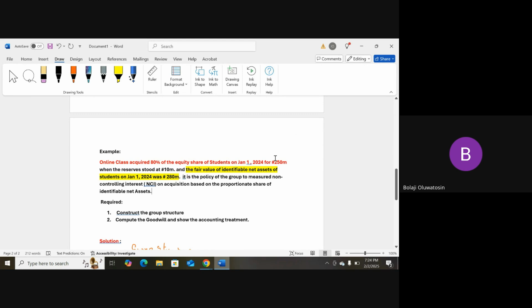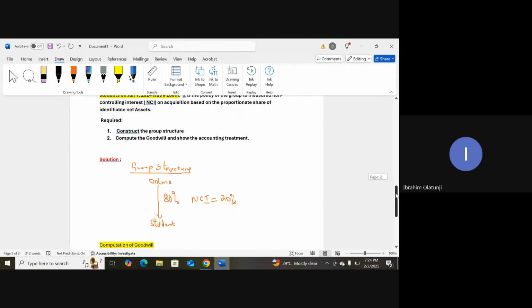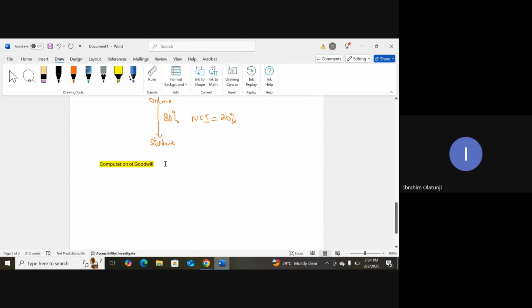That's the cost of investment. Because when Online acquired 80% of Students, Online paid 250 million to Students for the acquisition. Then we call it cost of investment, or consideration transferred. That is the amount that Online paid to Students when it acquired it. Consideration transferred: 250 million.